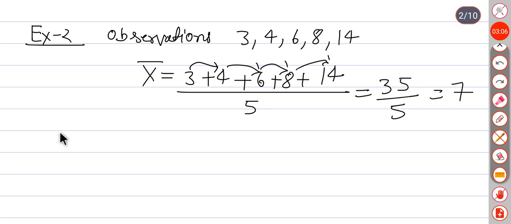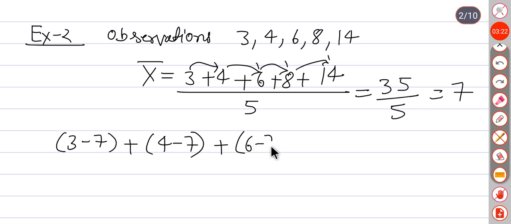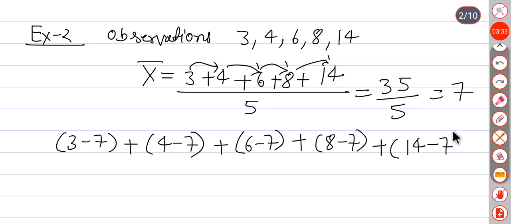Now just deviate all the values from the mean, that is, take the mean away from all observations. So 3 minus 7 plus 4 minus 7 plus 6 minus 7 plus 8 minus 7 plus 14 minus 7.